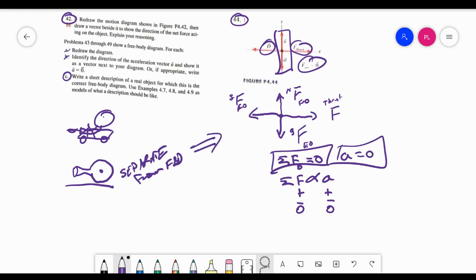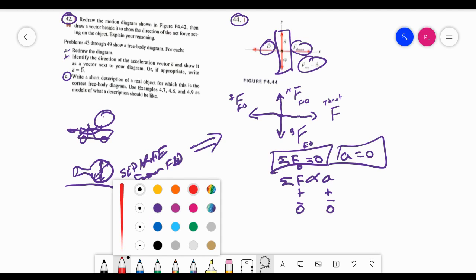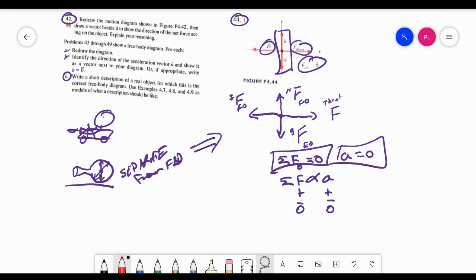In here, the air particles, some push up, some push down. Those kind of cancel out. Some push at this angle, some push at that angle. Those cancel out. The ones that do not cancel out are the ones that end up making things interesting.